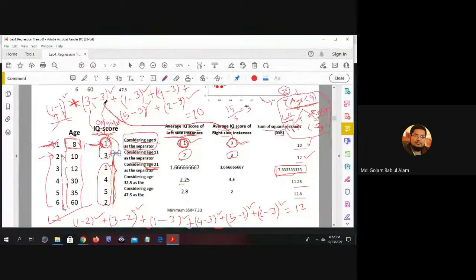This is the prediction, squared, plus the third observation. You have to check the third observation. The original IQ score is 1, and the predicted IQ score is 3.